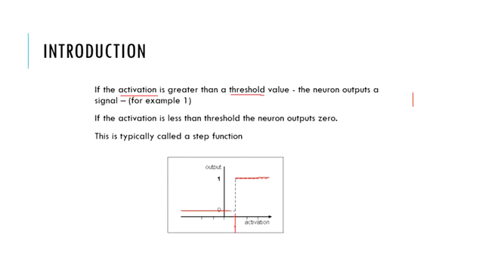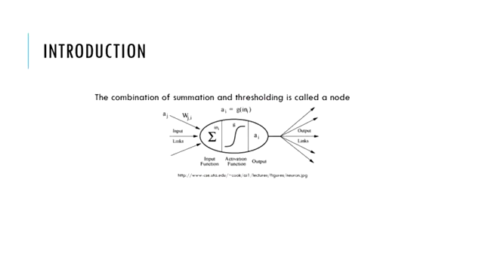Now this sort of function that simply has output 0 and 1 is usually called a step function or a threshold function. A step function, because of what it looks like, simply produces 1 for certain values and 0 for other values. Combining all of these, what a neuron looks like is it would get inputs with some weights.